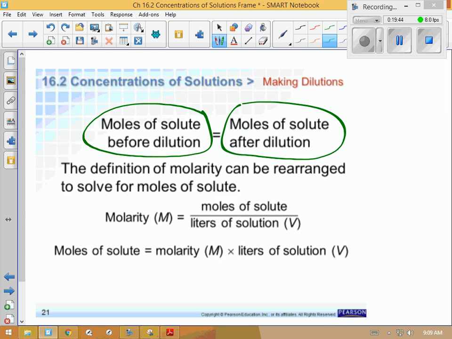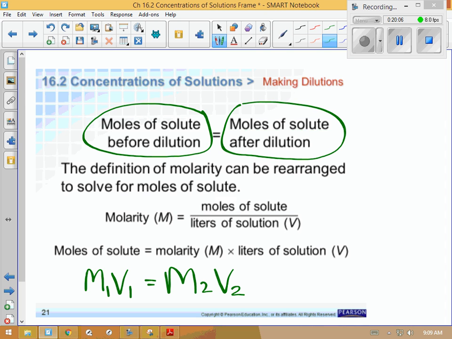And the moles of solute are the same. So guess what we can do? If we get the first molarity, M1, before we diluted, and the volume before we diluted, V1, it will always equal molarity 2, M2, and volume 2, V2.